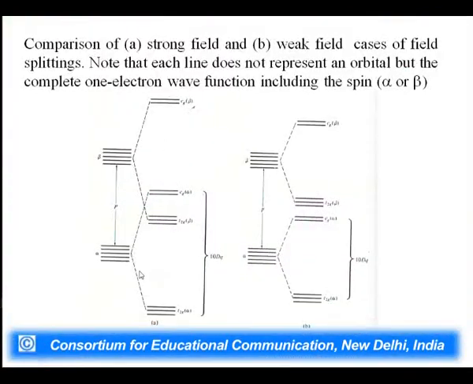Now, when these spin states are situated under the influence of the crystal field, the 5 spin states are broken down into t2g and eg.